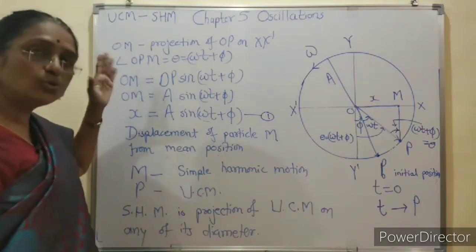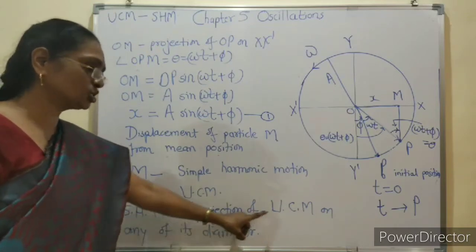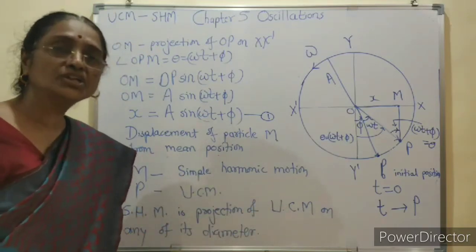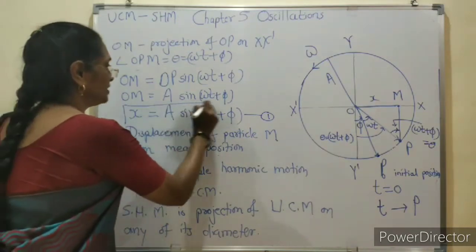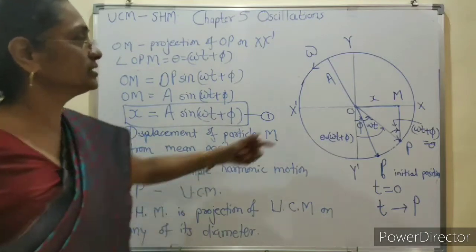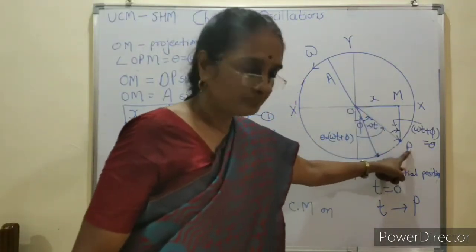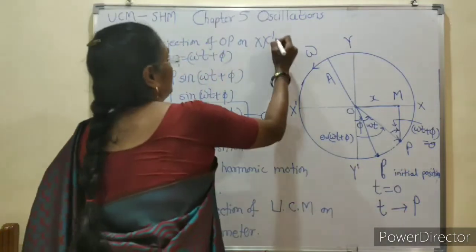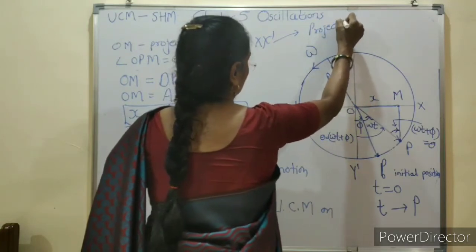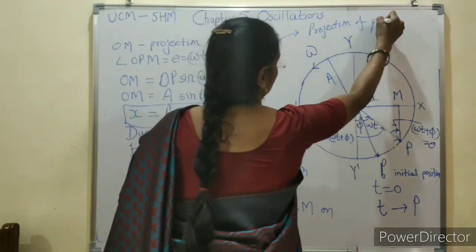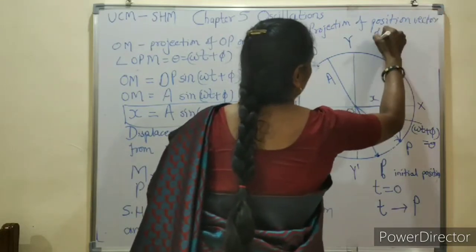But we have to conclude that the whole motion is SHM is projection of UCM on any of its diameter, because as we have shown the displacement X is the projection of the position vector of OP.